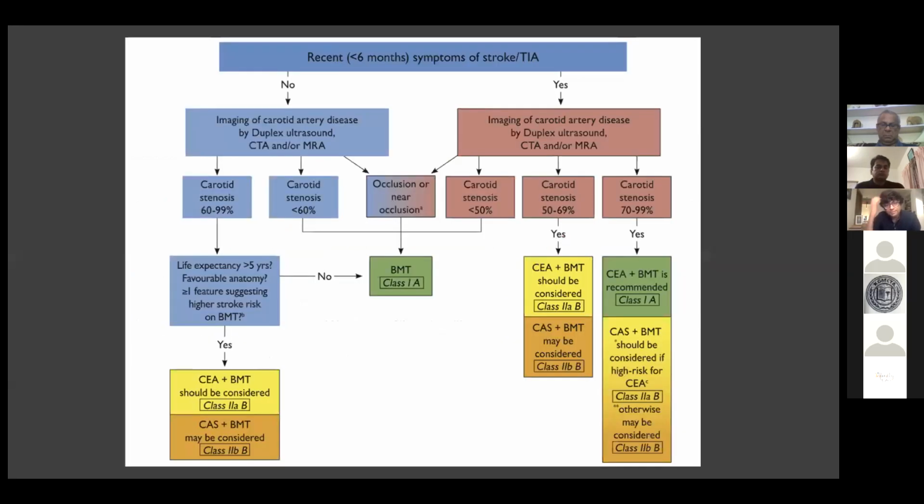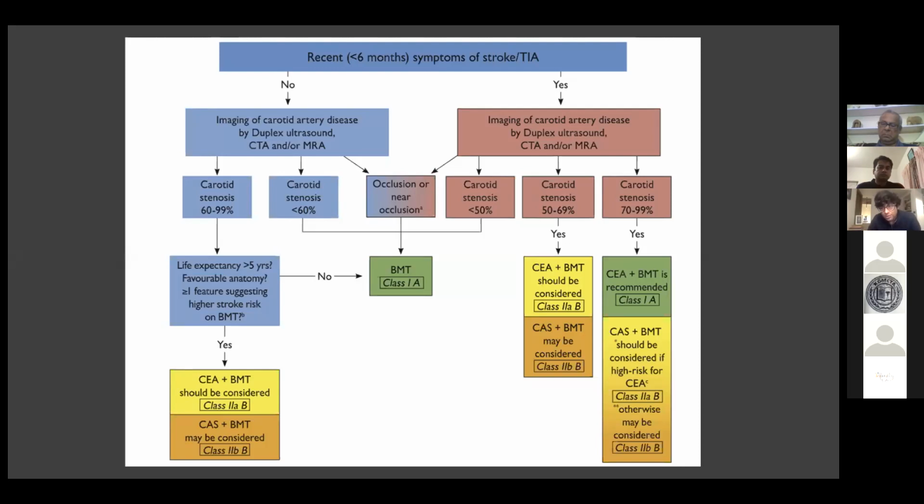And this is fundamentally the flow chart and the algorithm which is followed. And I completely agree with Professor Unnikrishnan when he says that minor cases of stenosis, which is about 50%, are usually best left alone. If you go through this, you will realize that apart from duplex, you need some sort of angiographic imaging, either CT angiography, MR angiography, or a DSA.